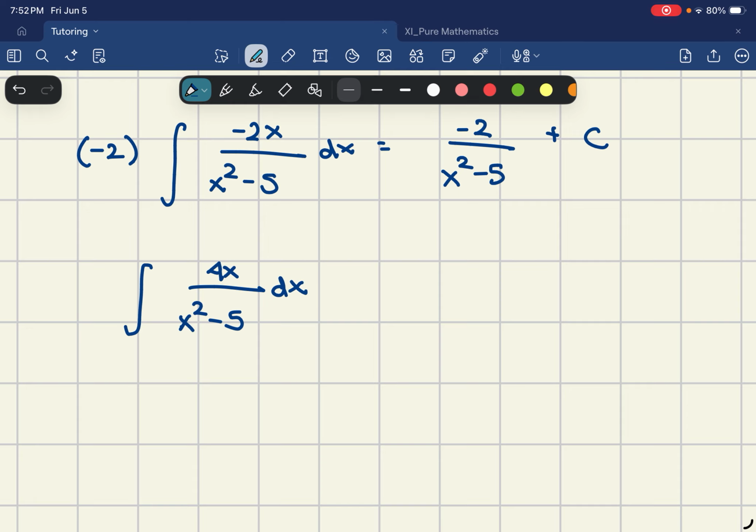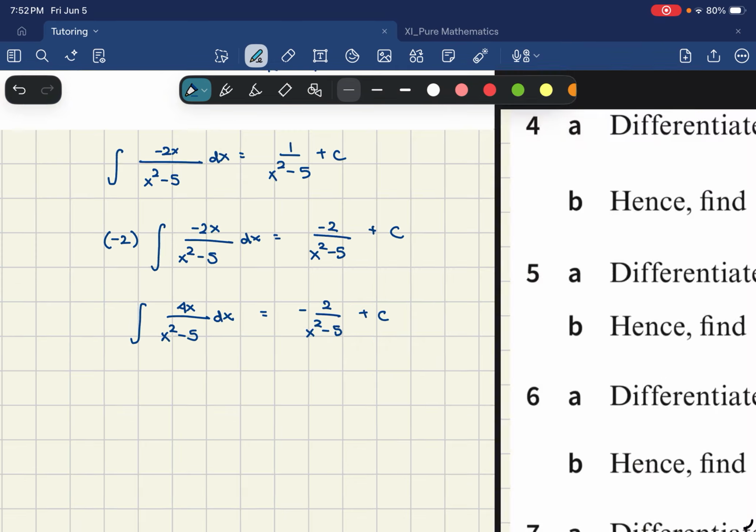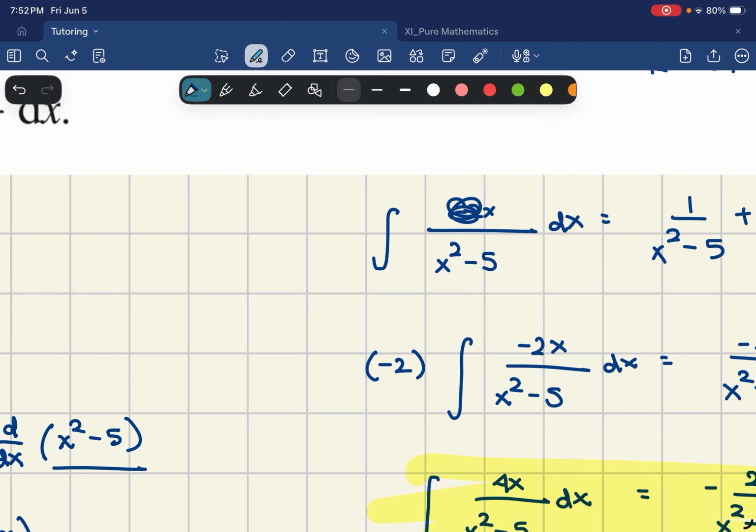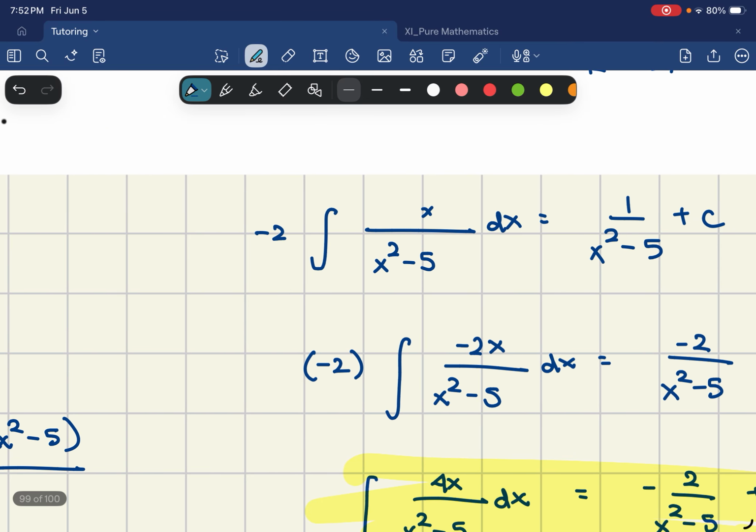You can figure out what the integral of x over x squared minus 5 dx is, and then you can multiply again. That is also valid, but this is much quicker for me. So your final solution is this. And we are done. So another way would have been to factor out this negative 2 and then you divide by negative 2 on both sides.